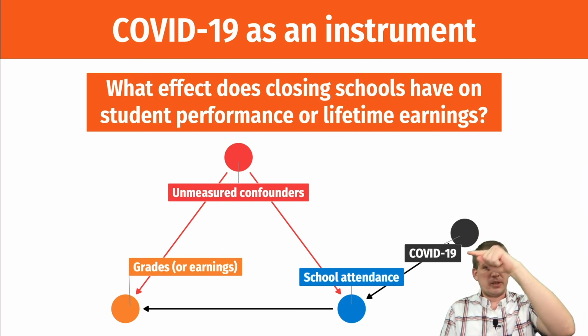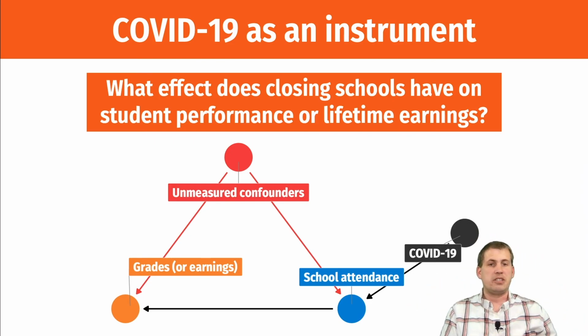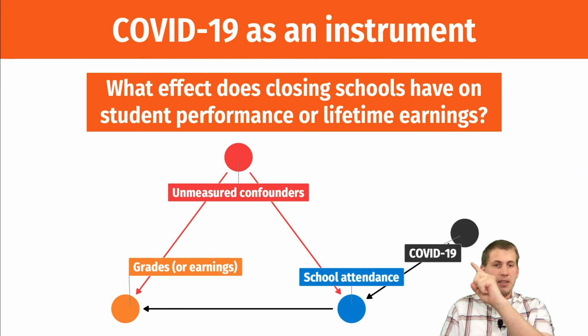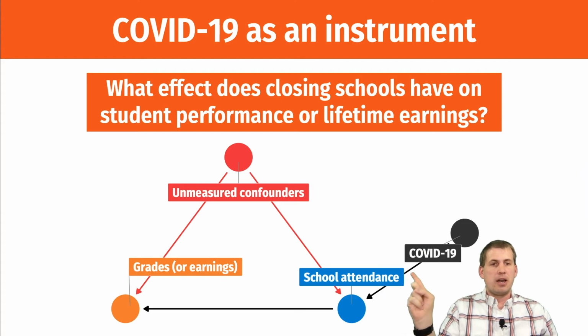The COVID-19 pandemic definitely has a causal relationship with school attendance. It has killed school attendance. But we also have to say that the COVID-19 pandemic has an effect on grades or on earnings only because of school attendance. There's no other reason you would have low grades because of COVID-19 other than the fact that you're not going to school.